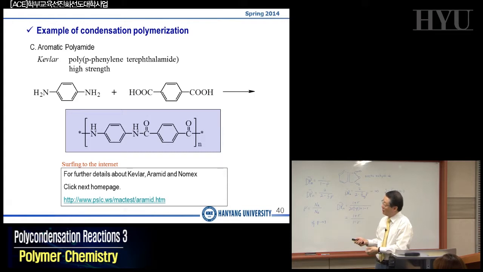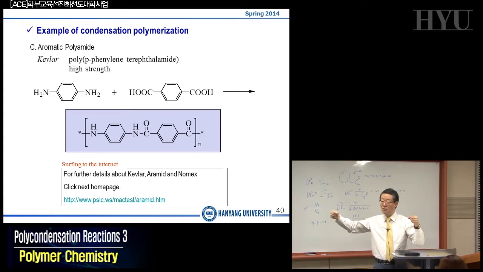Now, if you put the aromatic groups instead of aliphatic, okay, it will become very rigid. Okay? Particularly in this case, the amide group linkage is linked in the para position of the aromatic group, so that you have a very rigid material. Okay? Because the para position is a linear structure.